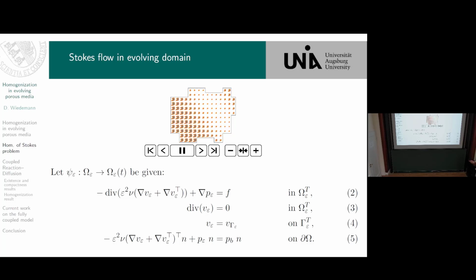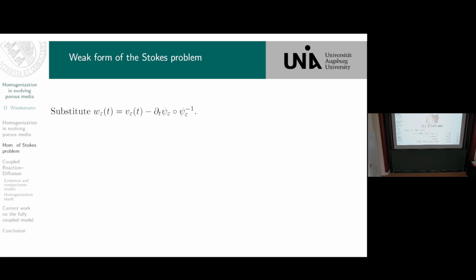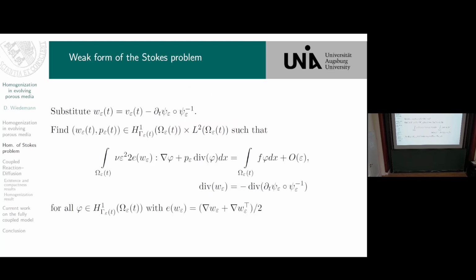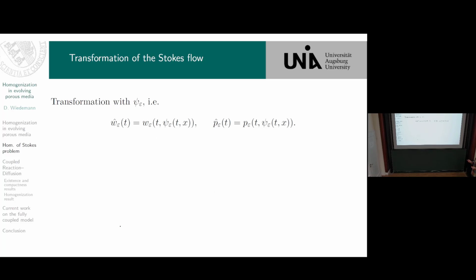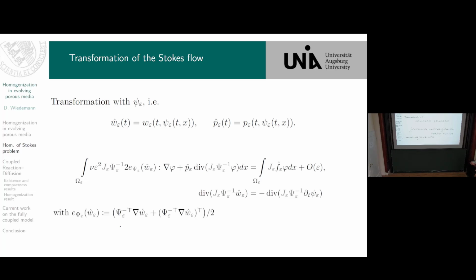Okay, so how do we do the homogenization for this? We first substitute these Dirichlet boundary values and this interface velocity. This can be described in terms of psi epsilon, which is here. Then we get this weak formulation, and in the next step we transform this weak formulation, this psi epsilon, and by this transformation we get also these Jacobian terms, which we have seen a few slides before.